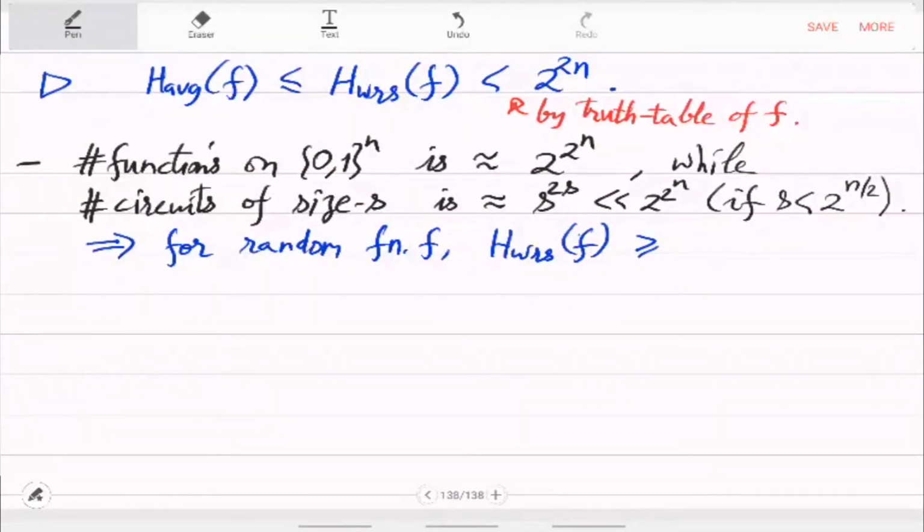If s is less than 2 raised to n by 2, then you can see that this inequality holds, s raised to 2s is less. So the number of circuits is much smaller than the number of functions. From that you can see that for random functions, worst case hardness will be this s, which is 2 raised to n by 2.